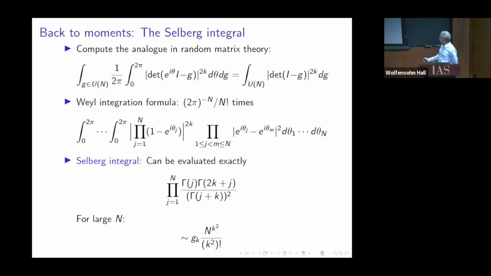And you can compute exactly what this integral is. And then if you are interested in the asymptotics of this as n gets large, that's a simple calculation. And you arrive at this constant gk, which I mentioned before. So this is what matches up with the 42 and the 24,024, and suggests what the constant should be in general.